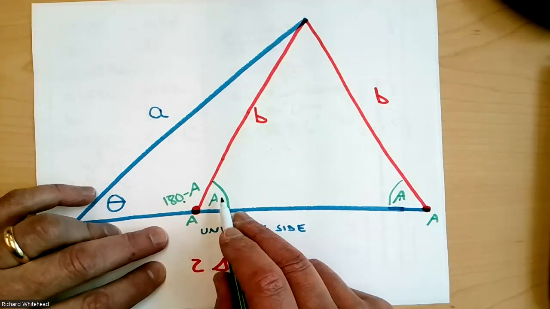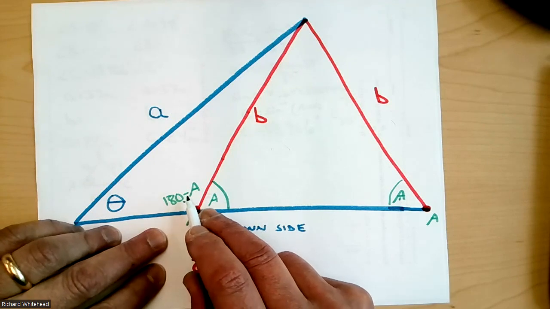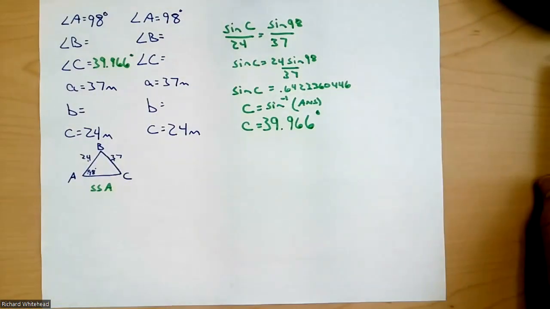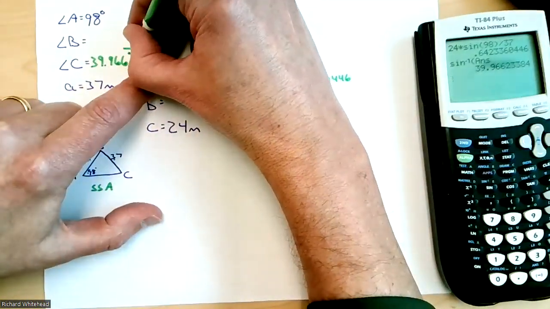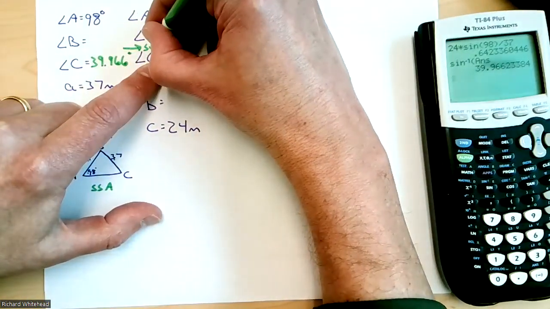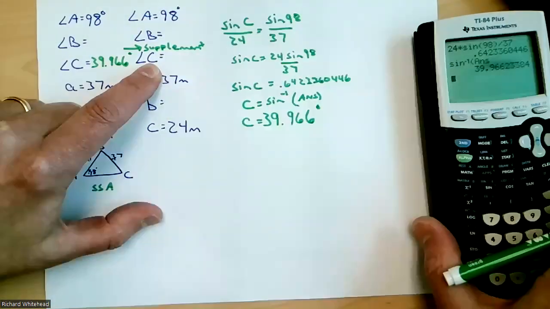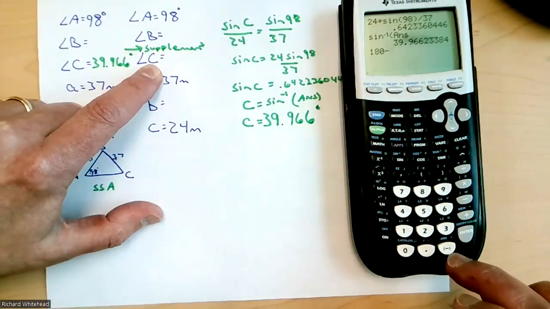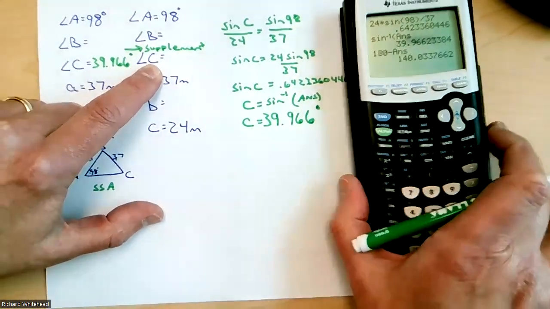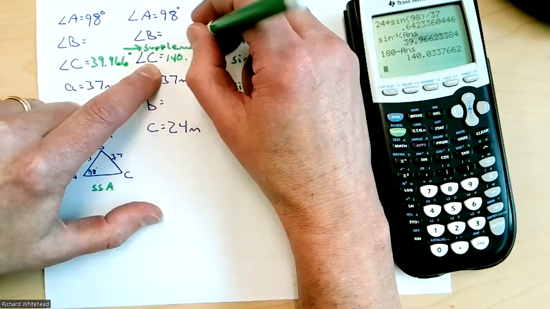So now we're going to find the supplement. We're going to take this number and say 180 minus that answer. So we get 140.034.